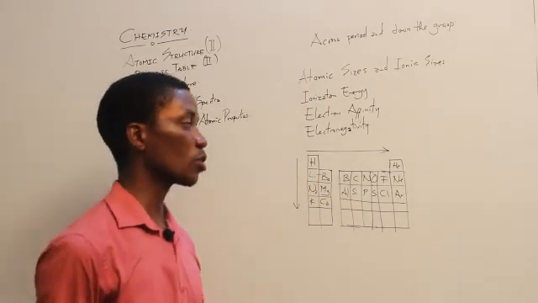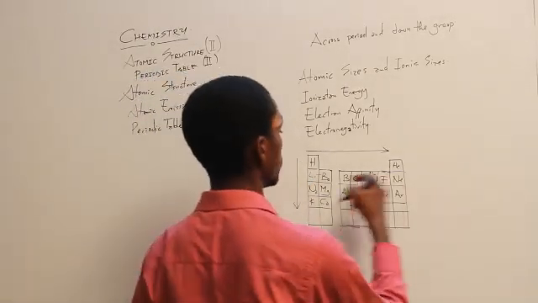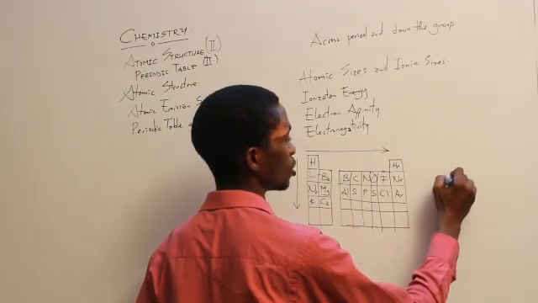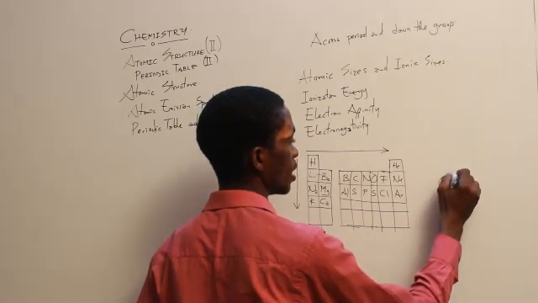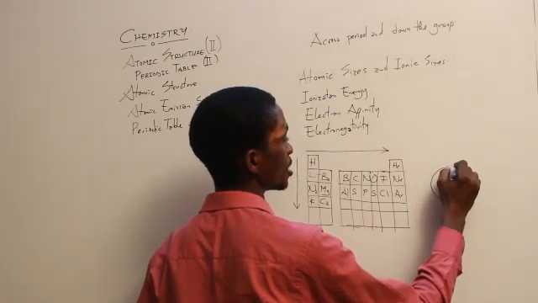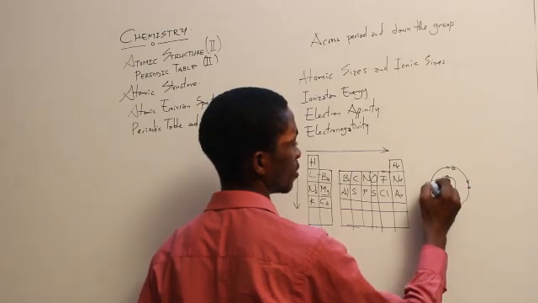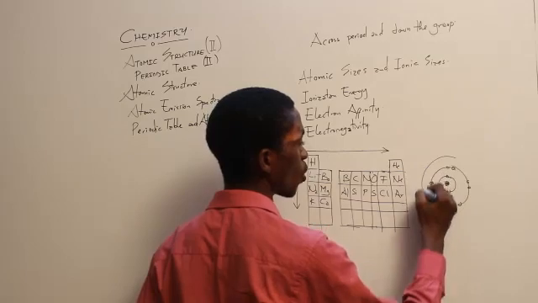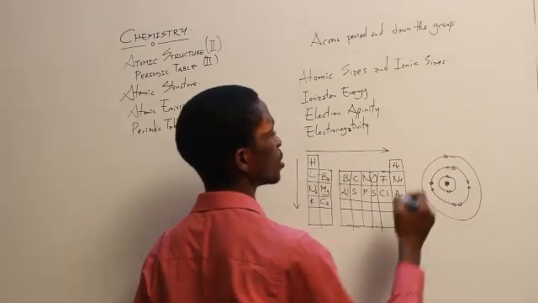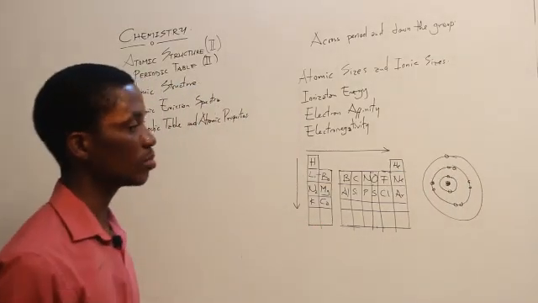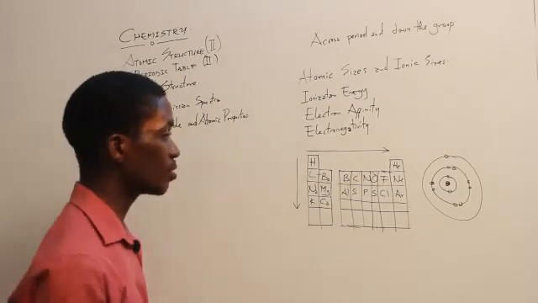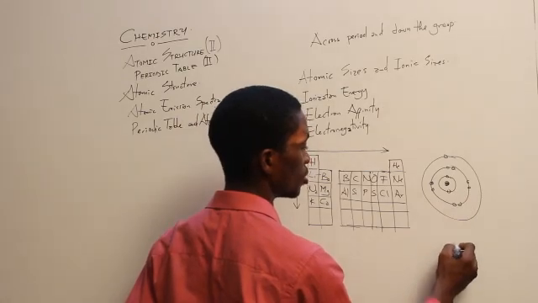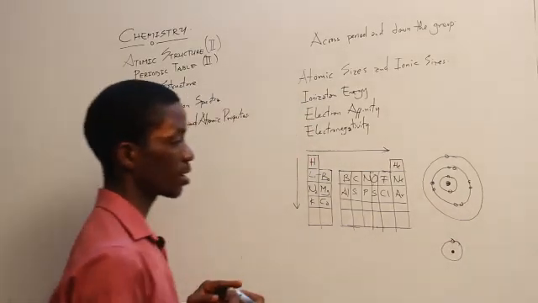Why? Of course, we know that sodium has the first shell that accommodates just 2 electrons, the next shell that accommodates 8 electrons, and a third shell that has a single electron. Now, you cannot compare this structure to lithium or even hydrogen that just has this.